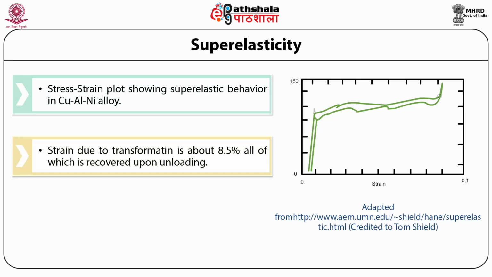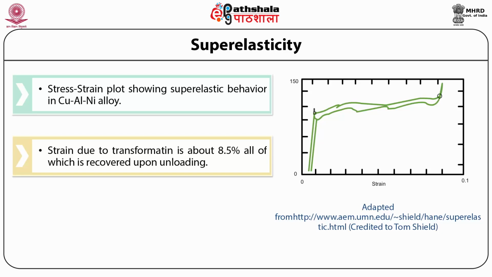The sharp rise in the stress at strains above 8.5%, that is the top right end of the plot, leads to slipping instead of martensitic transformation, and hence permanent deformation begins to set in. This implies that these strains will not be recovered.